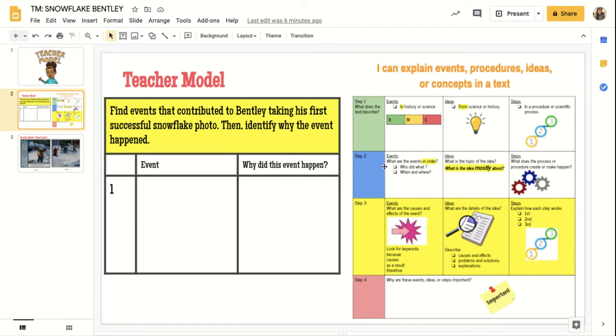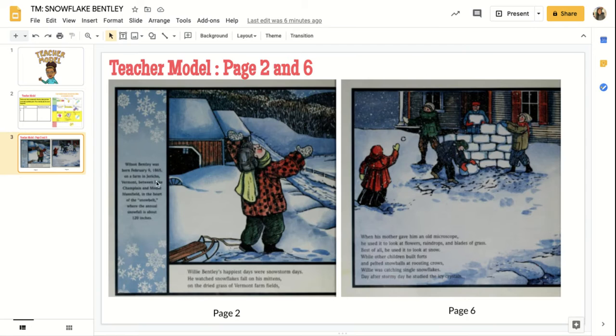Step 2, in a biography, events are the most important details, even if the person is a scientist. Here are some guiding questions I can use. What are the events in order? Who did what? When and where? Now I'm going to go back and look on page 2. Who?